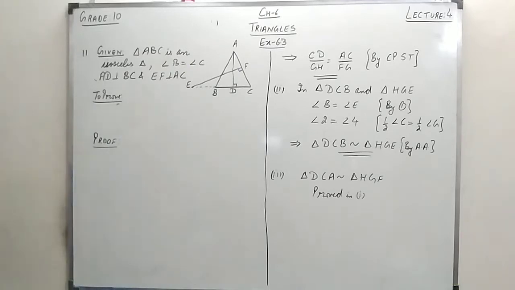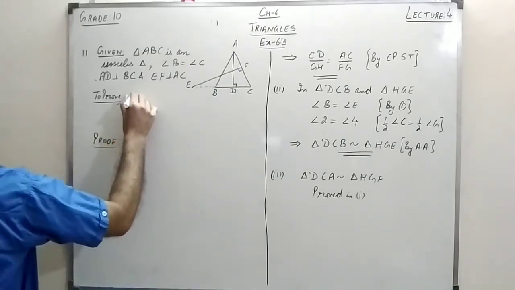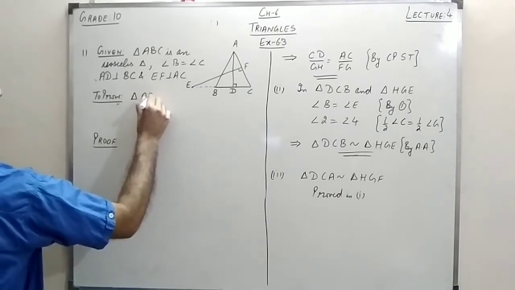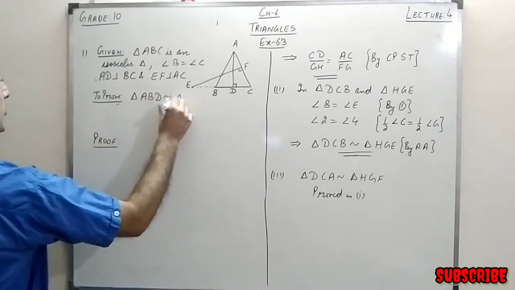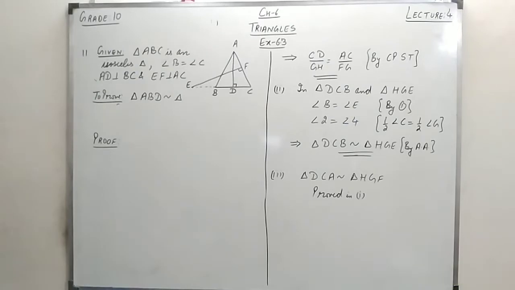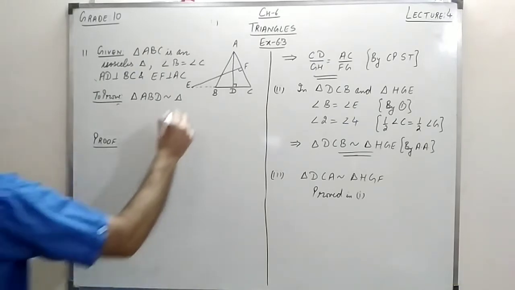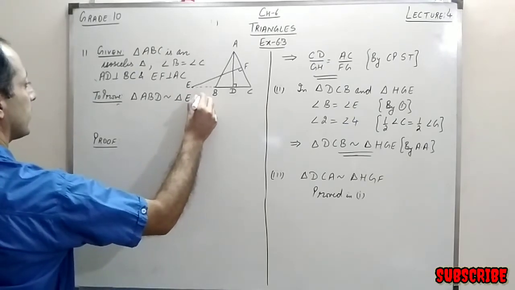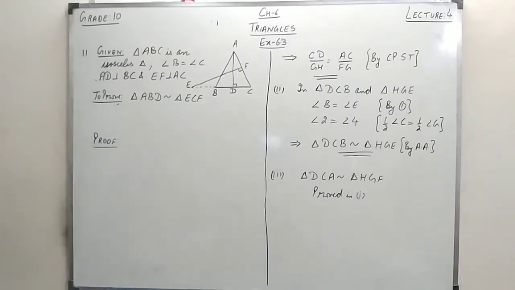And what we have to prove is that triangle ABD is similar to triangle ECF. So quite an easy proof from this question.